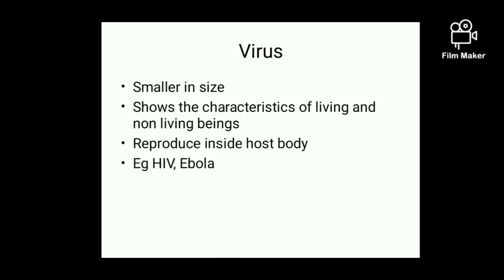You can take the example of HIV, human immunodeficiency virus, Ebola, and just now the well-known virus, coronavirus. These are examples of the virus, and this virus shows the characteristics of both living as well as non-living things.